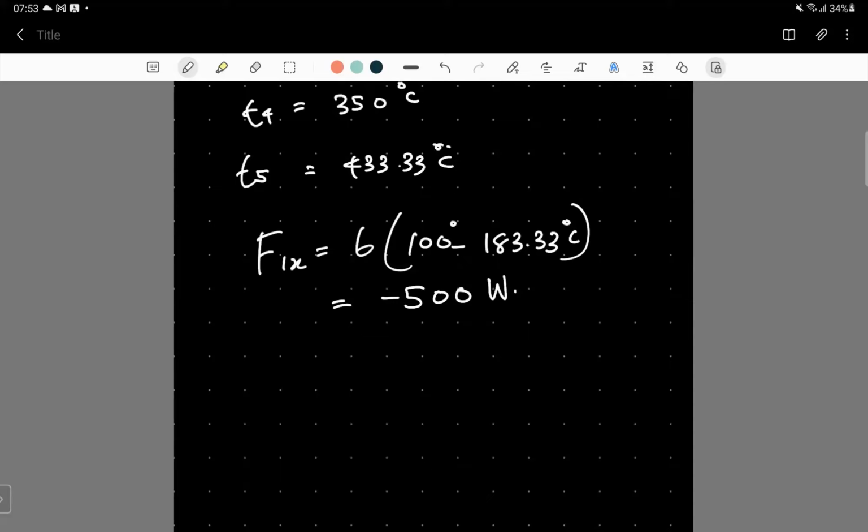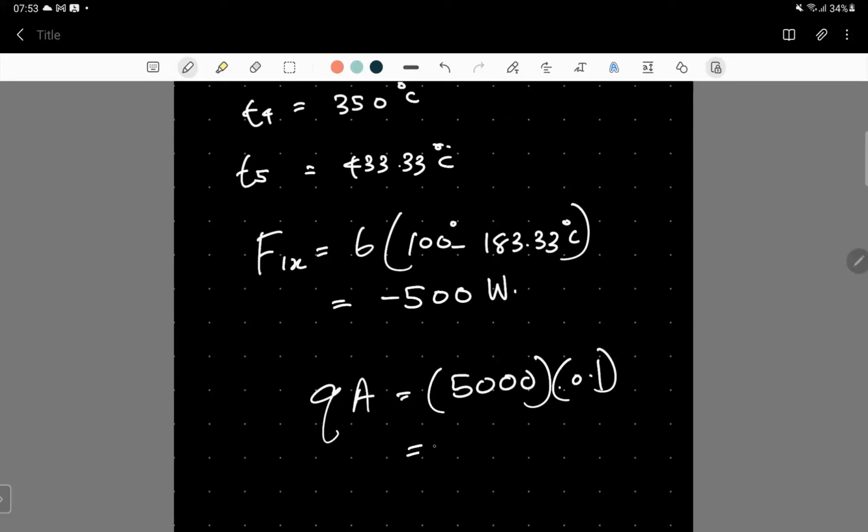The heat enters from the right hand side, leaves from the left hand side. So the source is the same as the source coming into the fin from the right hand side, which is given by Q times A, of course, 500 times 0.1 square meter area, is 500 watt.